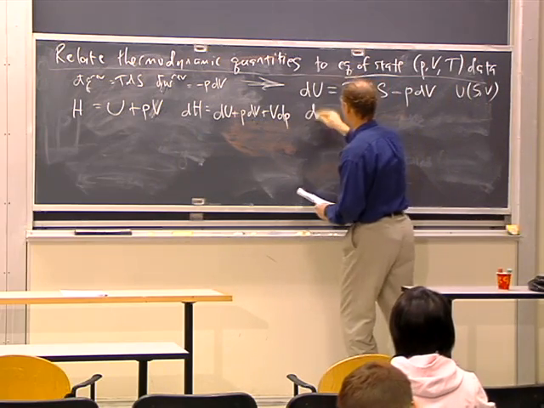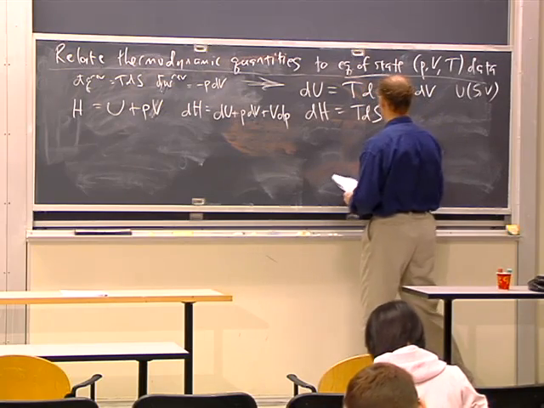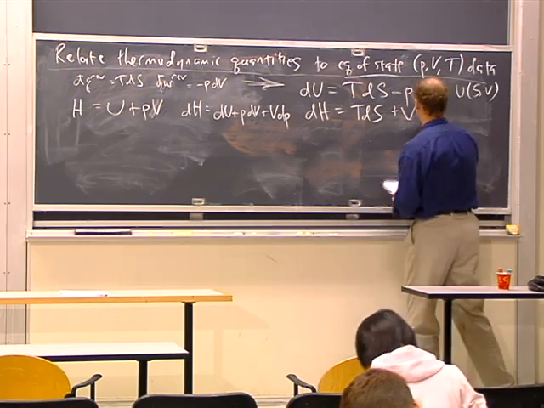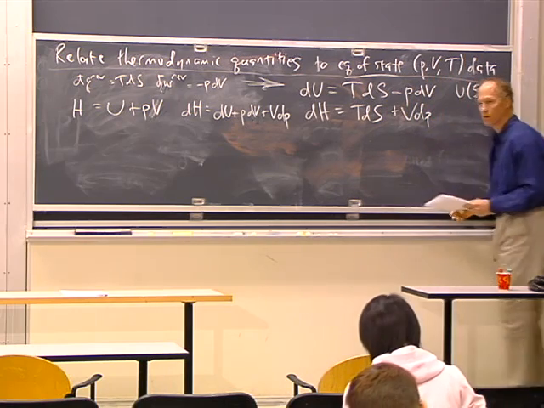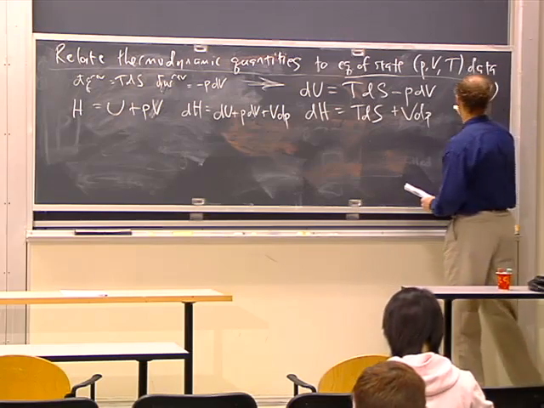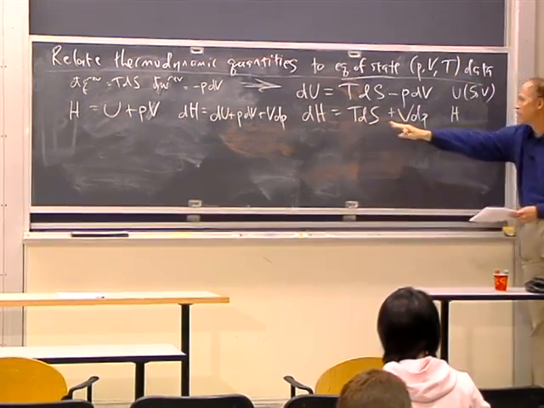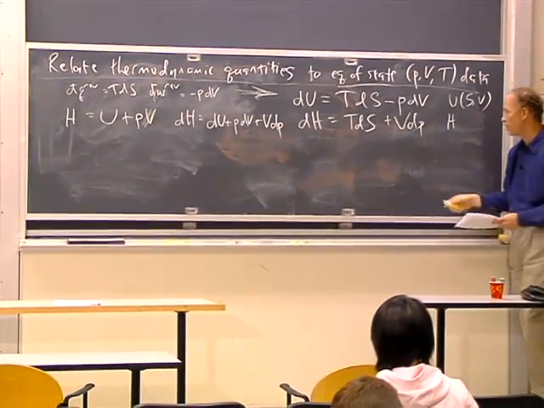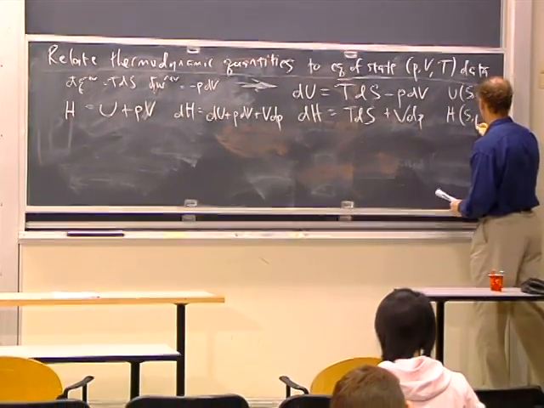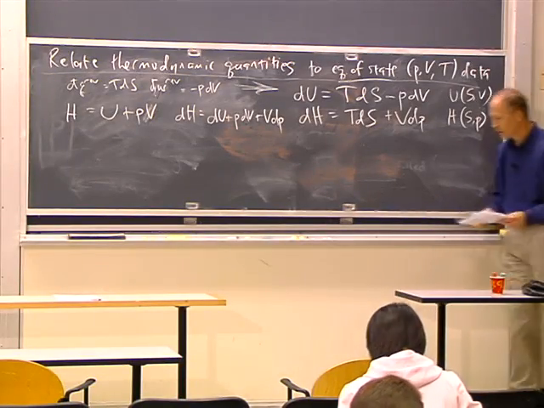So we have the result that dH is T dS plus V dP, right? And that shows us that H is written naturally as a function of entropy and pressure. Okay? And now let's keep going.